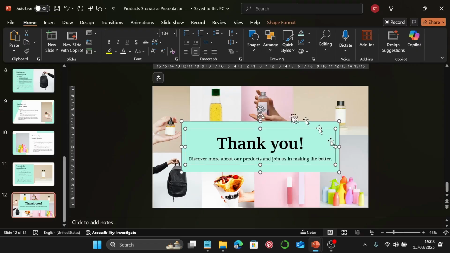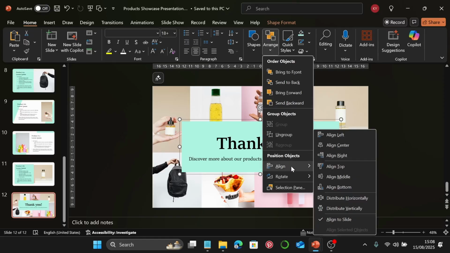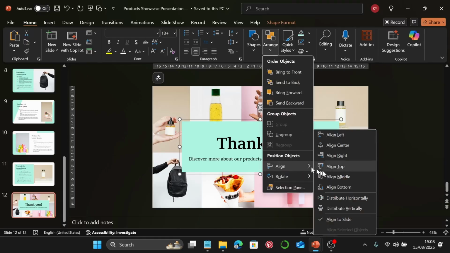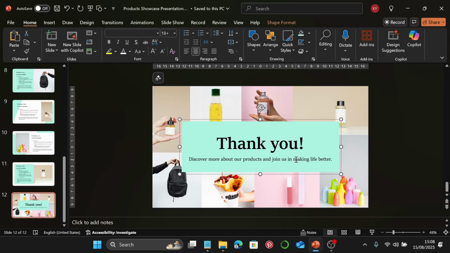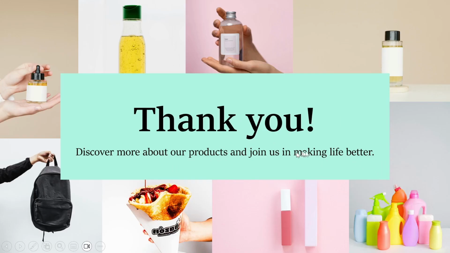Align middle, and if you want to, you can group it to make sure that this box is in the center. While it's there, just go to align center, align, and we'll align middle. That's it. Let's see it briefly in the presentation or the slideshow view. Yeah, this is our final slide.